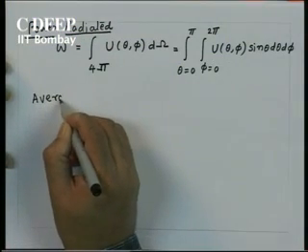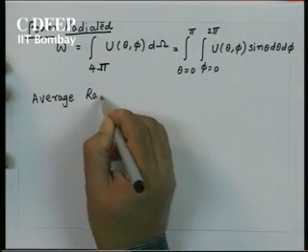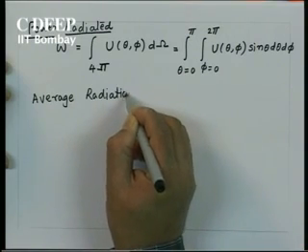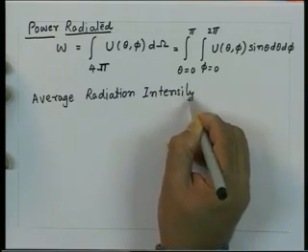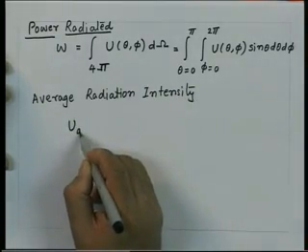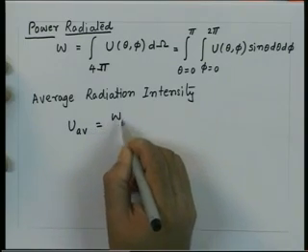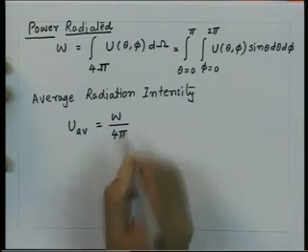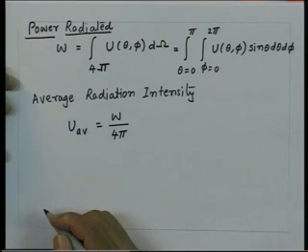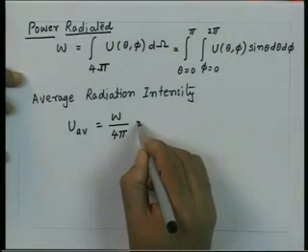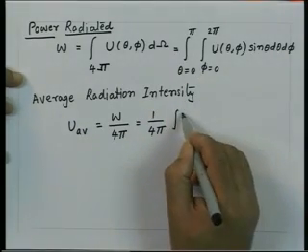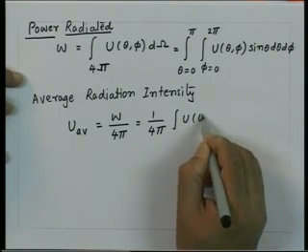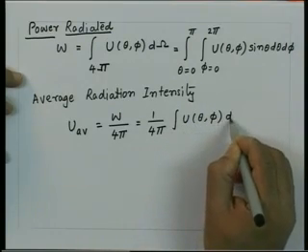So, I get the average radiation intensity, U average, that will be W divided by the total solid angle which is equal to 4 pi. So, this is nothing but 1 upon 4 pi into the integral of U theta phi d omega.